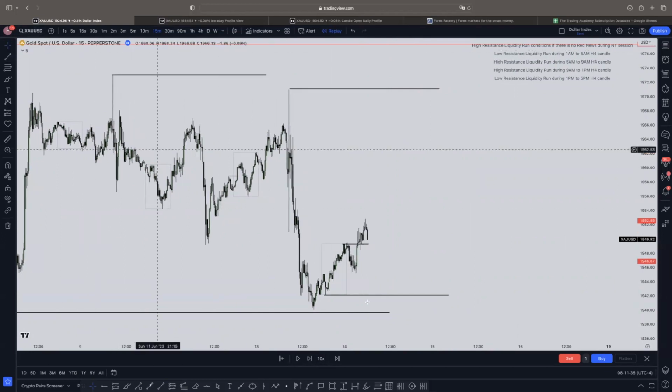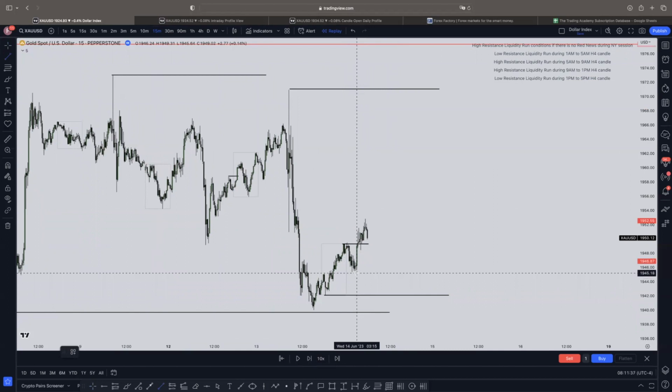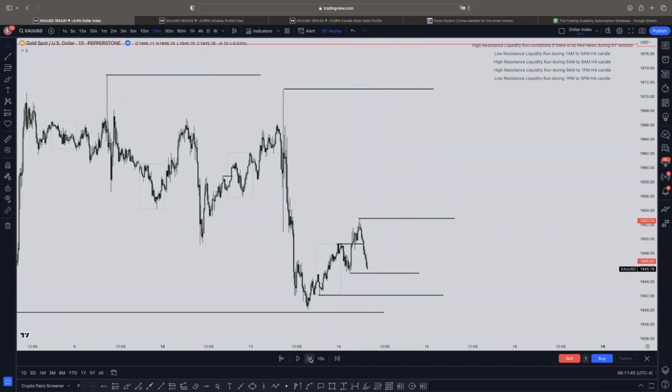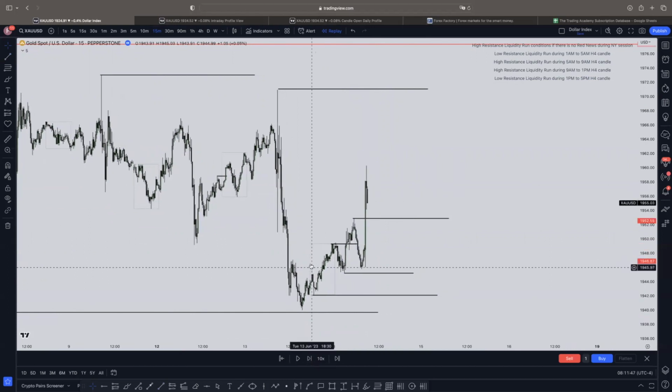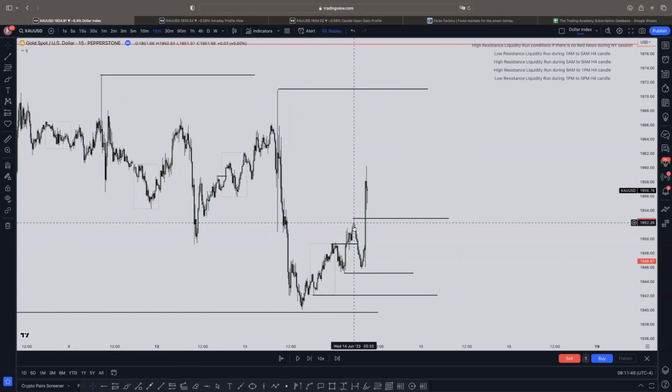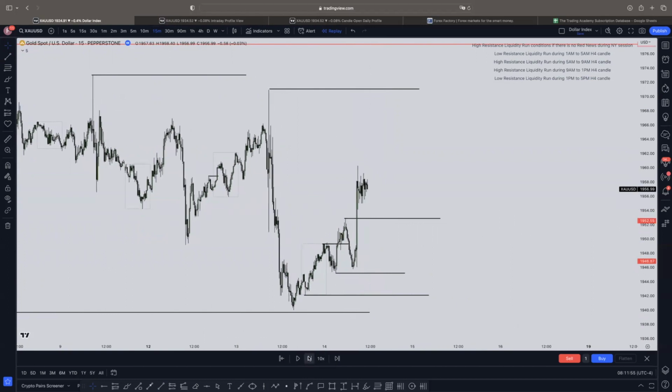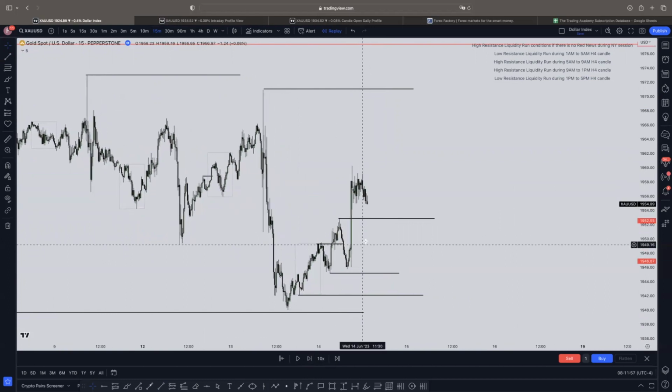All right. Then we have liquidity. Asian high gone. Sell off. Okay. High over here. Liquidity taken. Look at this 12:30 lunch hour.